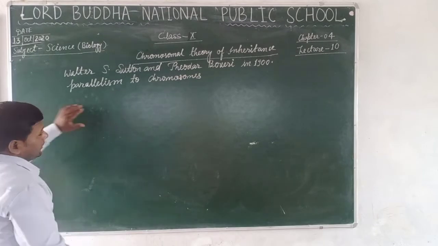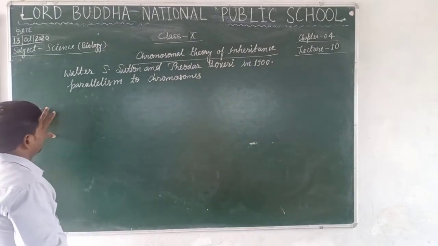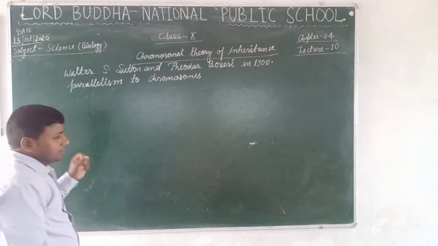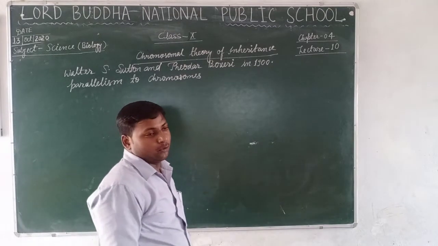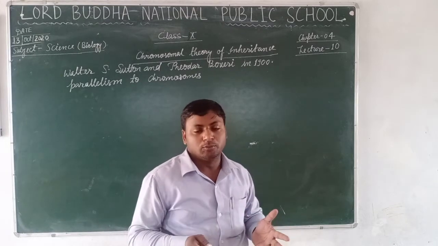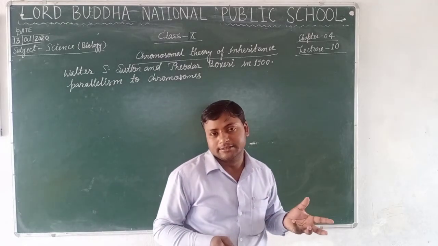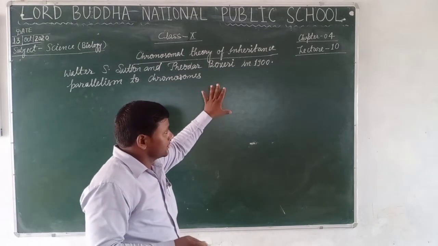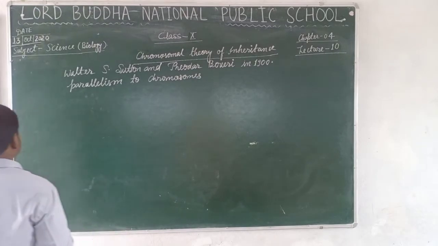Okay, students, the Mendelian law of inheritance shows parallelism to the chromosome, and they gave the following concept about how the chromosomes are related to inherited traits or characteristics. That's why their theory is known as the chromosomal theory of inheritance.